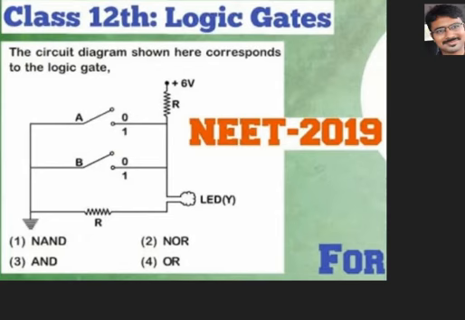First, to understand this, we need to take the truth table, which I am drawing now. For any logical circuits, we represent them with the information of a truth table like this. This is A and this is B and this is the output.